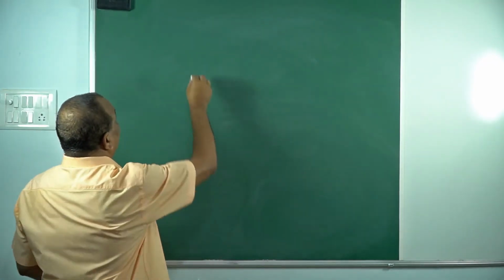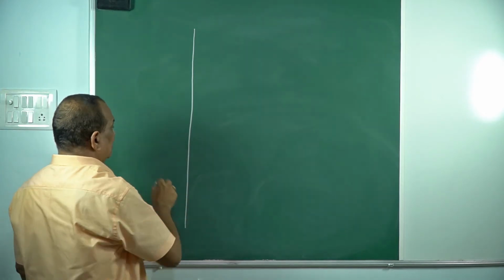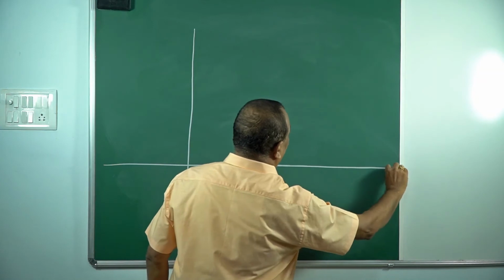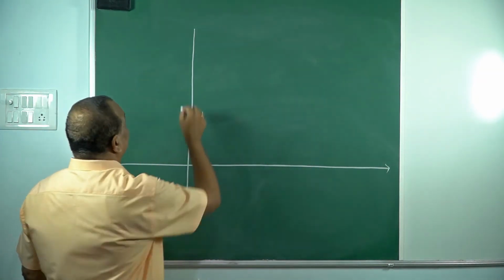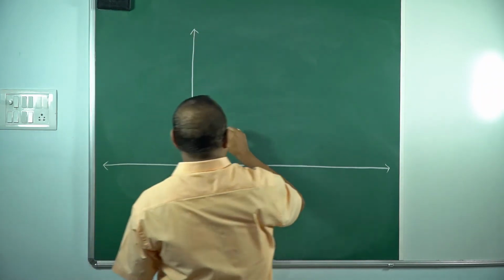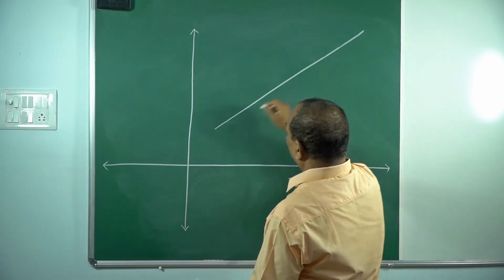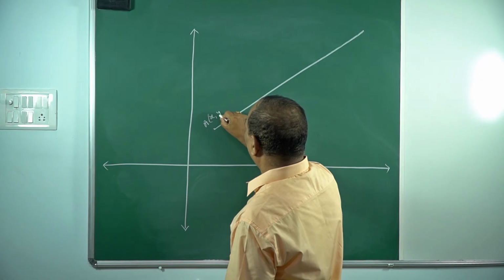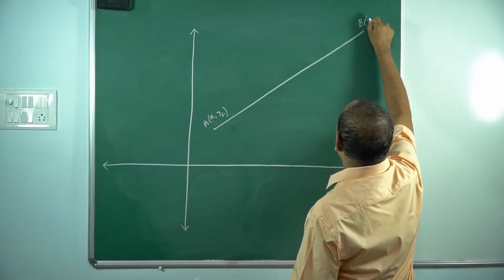And to remember this one, of course, I draw the figure once again and mark the sides. A bigger one I am going to draw to tell the difference. We drew the y-axis and x-axis, and we were given the end points of a line segment. This is one end point, A(x1, y1), and this end point is B(x2, y2).